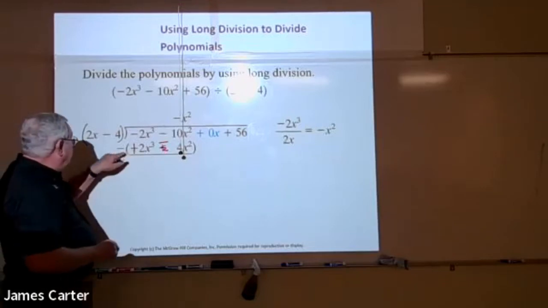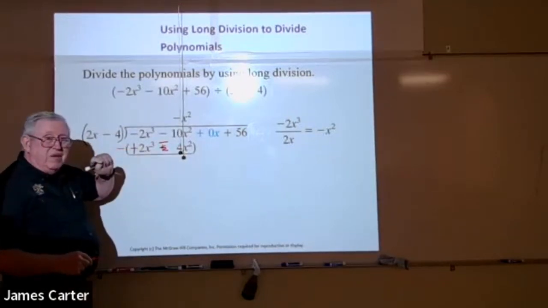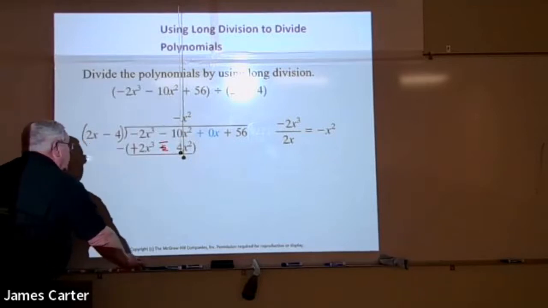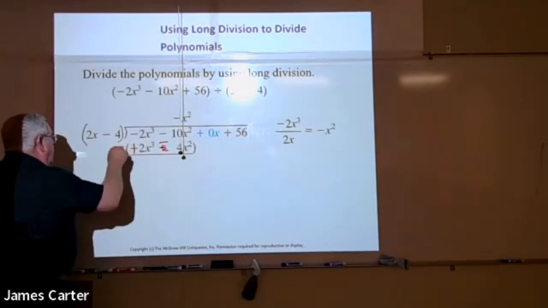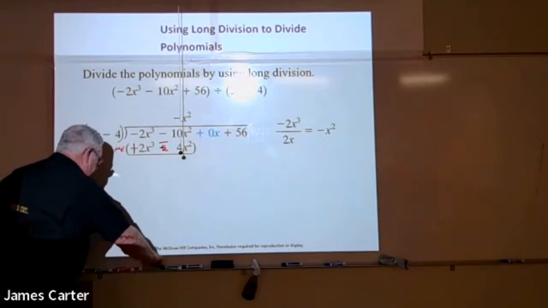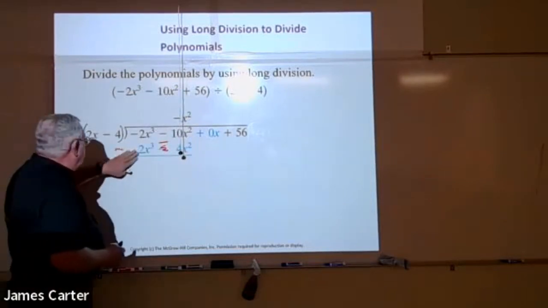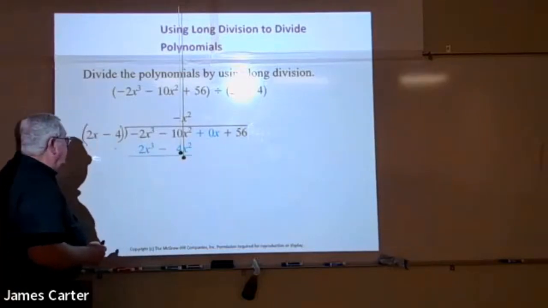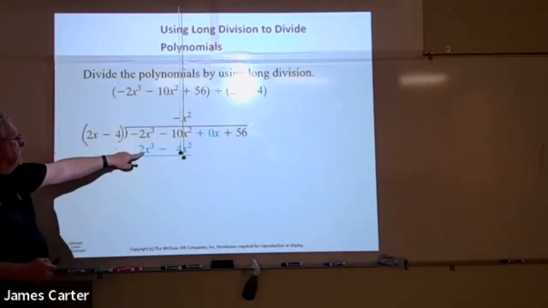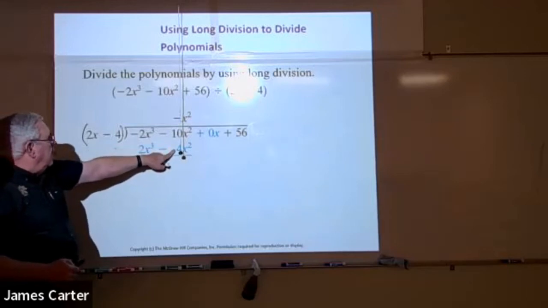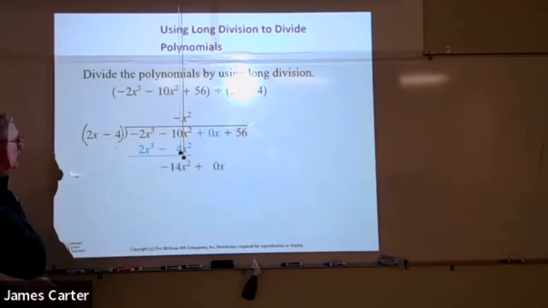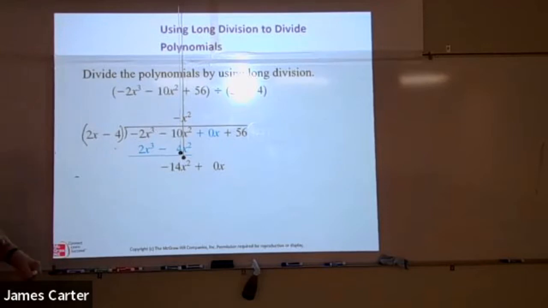And it also keeps you from doing it to this one and forgetting that one. So we're going to get rid of that. Here they've actually done that. So these are opposites. Here I get negative 14x squared. And I bring down, not nothing, I'm bringing down a placeholder.